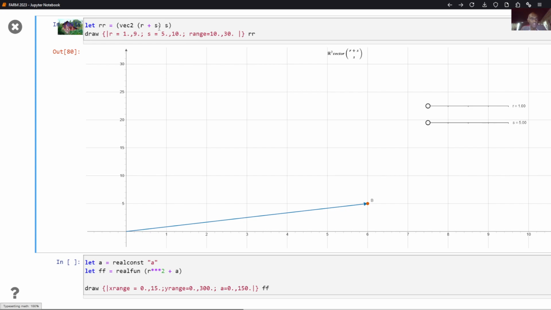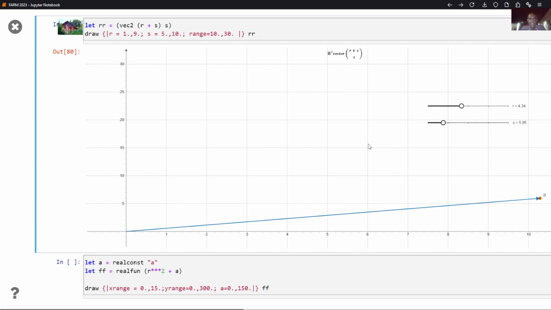The vector is a symbolic vector, and we say that we want to range the constants: R from 1 to 9 and S from 5 to 10. We can use our sliders again to change the value of that vector, and of course that happens in our visualization. So basically the goal is that any object you can express in Sylvester, you'll be able to visualize it by default using that draw command.